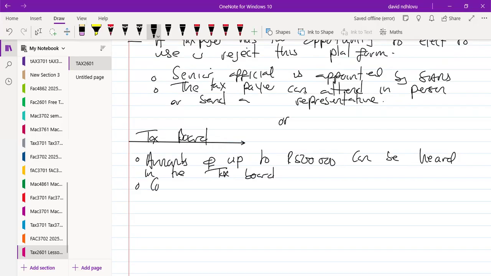So it must consist of an advocate or attorney. Who chairs the board? An advocate or attorney will be appointed to chair the board. Then the taxpayer can come with his representative, and SARS can come with their representative.